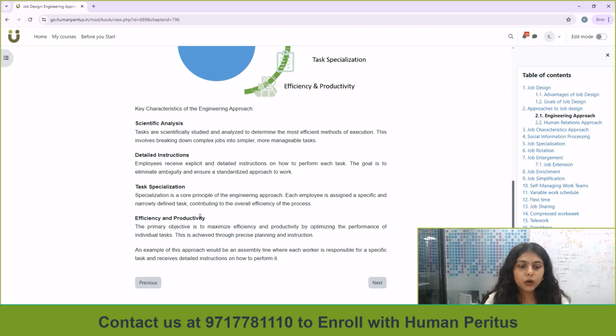So the fourth characteristic is efficiency and productivity. Of course, you're trying to optimize the efficiency and productivity of the employees and the organization. So that is also a key characteristic.